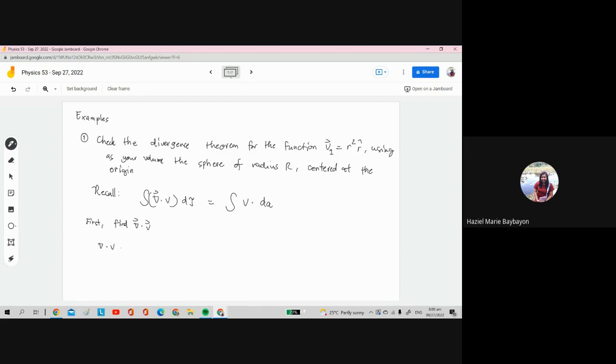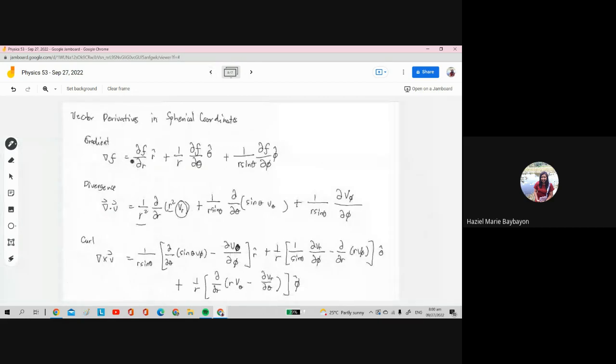Okay. So the divergence of v is equal to, since we only have a radial component, 1 over r squared, partial derivative of r squared v sub r with respect to r.